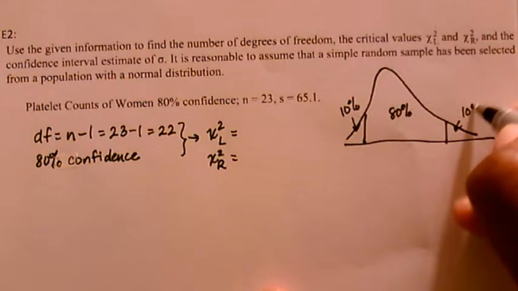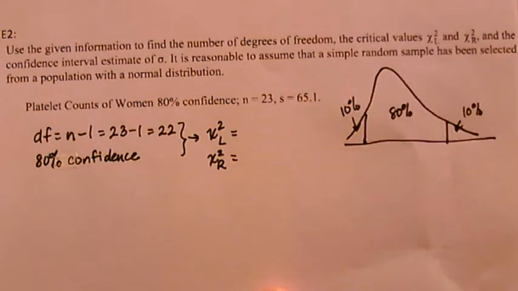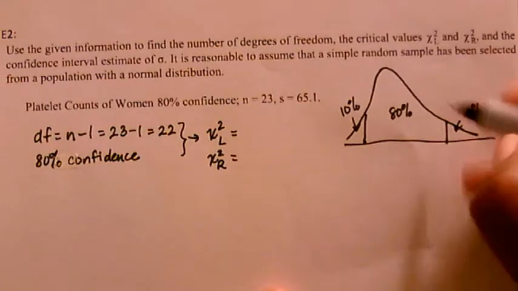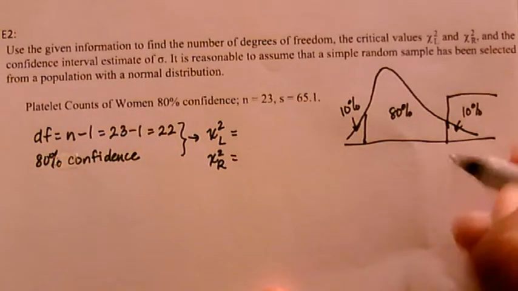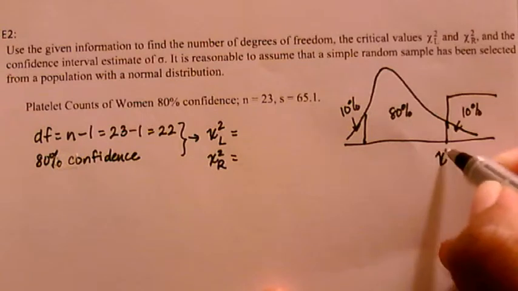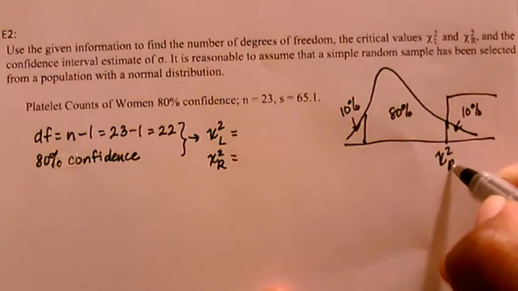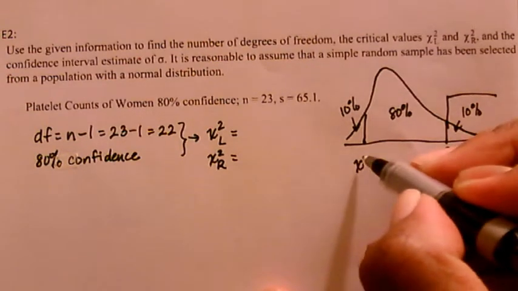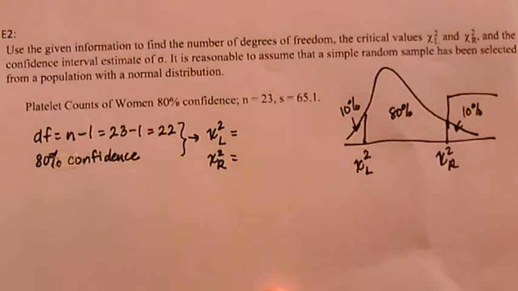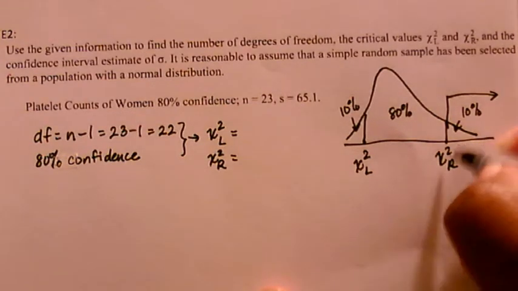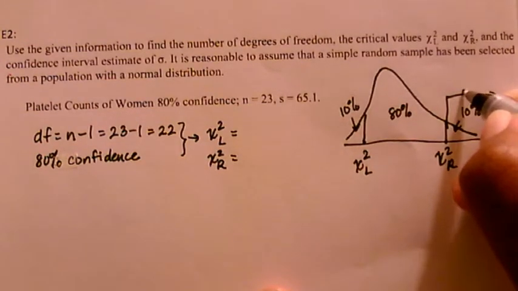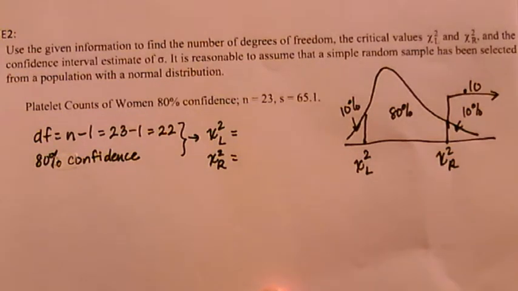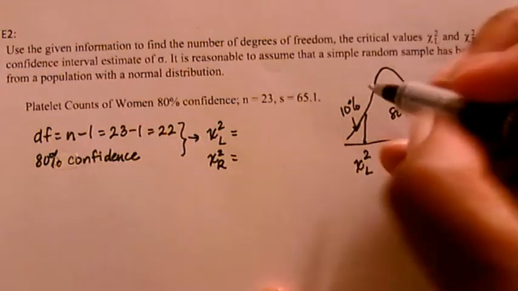This is also 10%. Both of these tails are split evenly. So here we want to find our chi-square values on the left and the chi-square on the right. The chi-square on the right is quite easy because the area to the right is just 10% or 0.10.